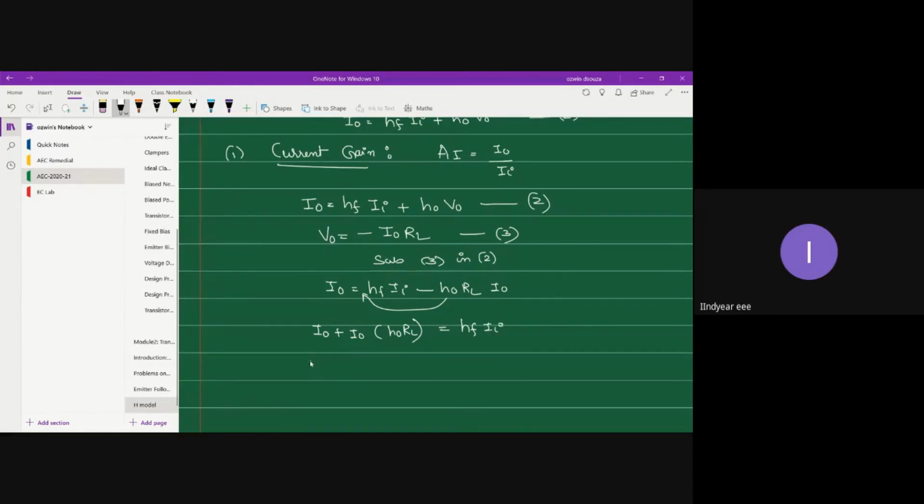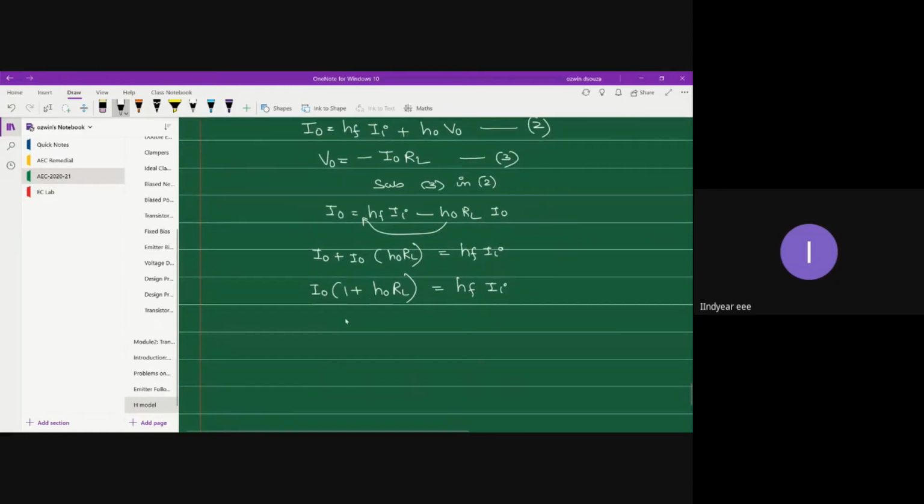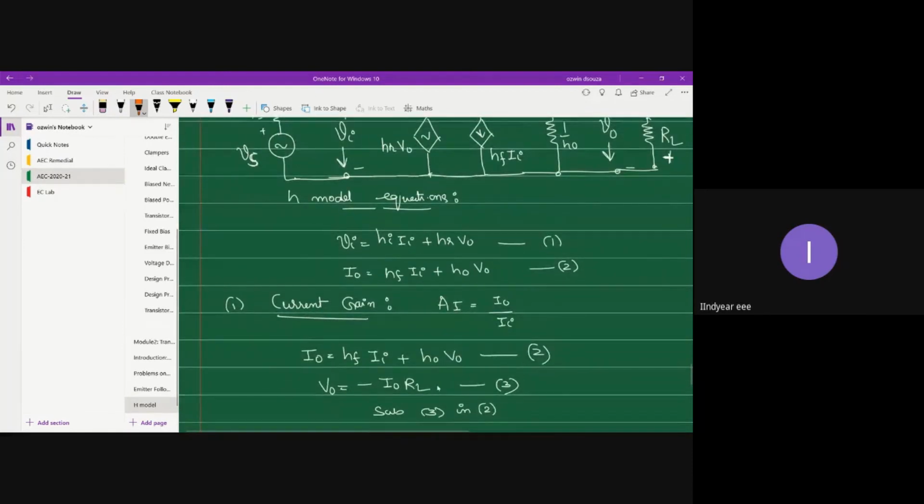Or you can take I naught outside the bracket, so you get I naught times (1 plus H naught into RL) equal to HF into Ii. Or you take out the ratio I naught by Ii, which is by definition the current gain AI, equal to HF divided by 1 plus HO into RL. So that's our current gain expression.